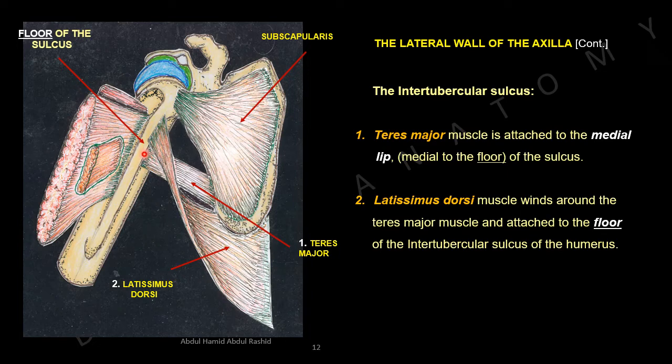So it is medial to the floor. The floor of the intertubercular sulcus is attached by the latissimus dorsi muscle, which comes up, winds around the lower border of the teres major muscle and attaches to the floor of the intertubercular sulcus.